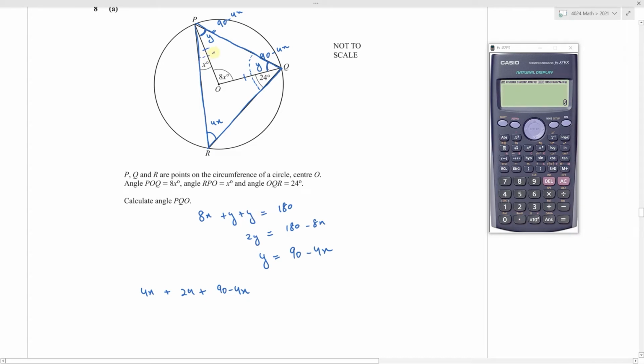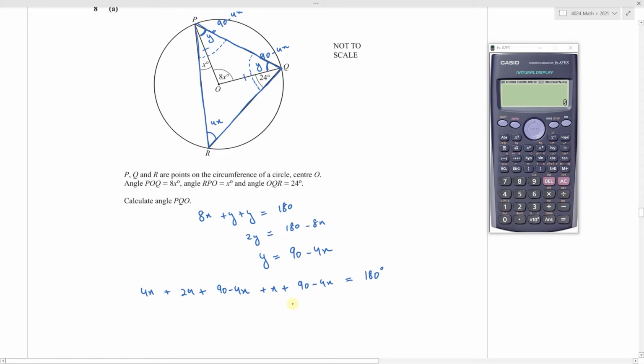And then again, this full angle here is x plus y. So plus x plus 90 minus 4x again. And this should equal 180 degrees, because all these are part of this large triangle PRO.